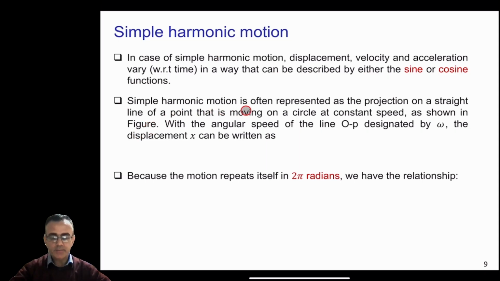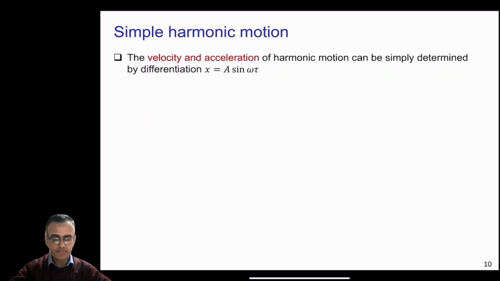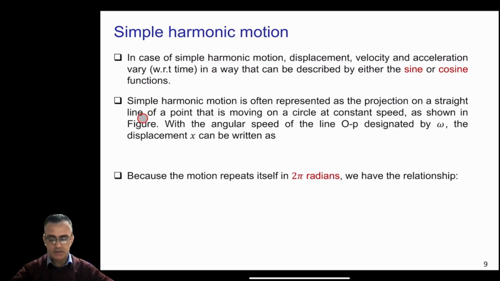Simple harmonic motion is often represented as the projection on a straight line of a point that is moving on a circle at a constant speed, as shown in the figure.